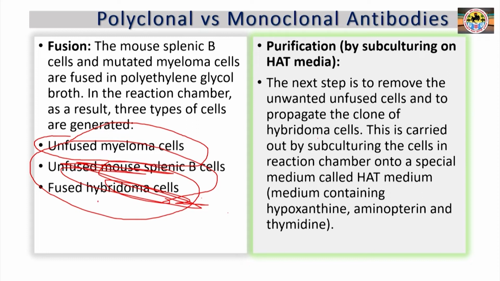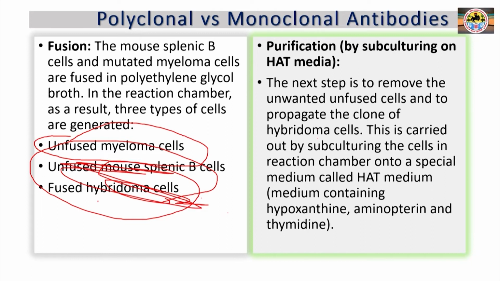We are interested only in the fused hybridoma cells, which we have to subculture and propagate. This can be carried out by subculturing the cells from the reaction chamber into a special medium, called HAT medium.